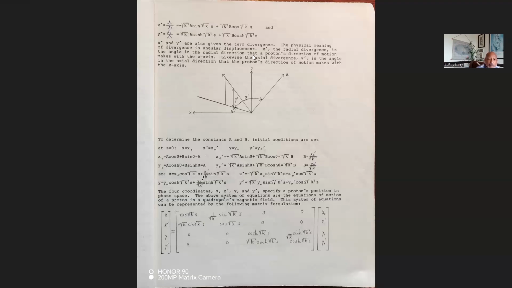Now, here's another schematic that I drew. And again, it tries to express what we've been talking about. All right? Okay? And so now, because I really want to get to those equations of motion, let's just go down here. All right?